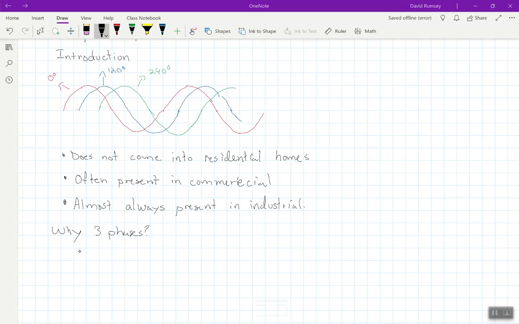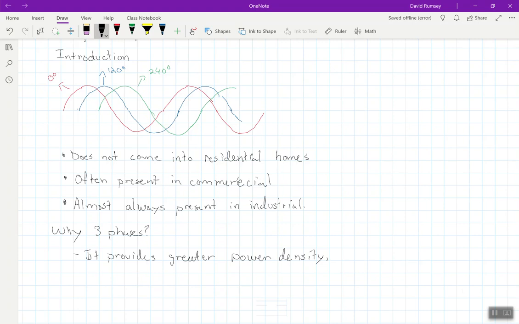Well, one of the reasons is it provides greater power density. And when I say greater power density, I'm talking about compared to single phase.